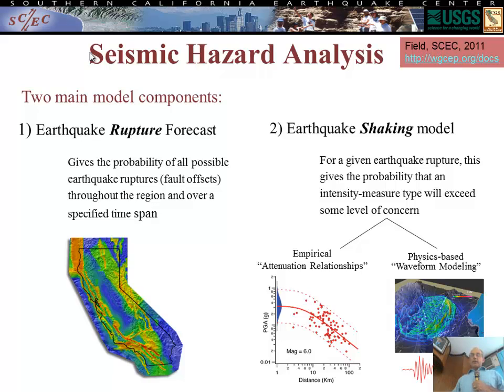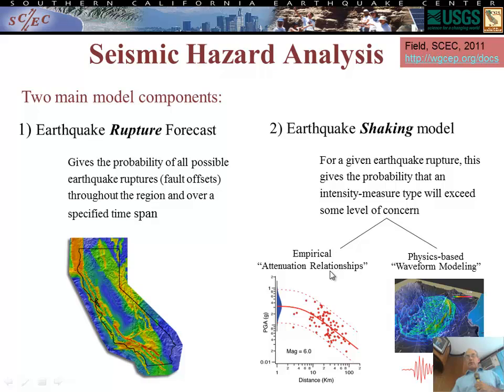That's different from the earthquake shaking model, which says, for a given earthquake rupture, this gives the probability that some intensity measure will be exceeded. This is where we see distance versus peak ground acceleration, or you can try to compute the wave field itself using a physics-based approach.